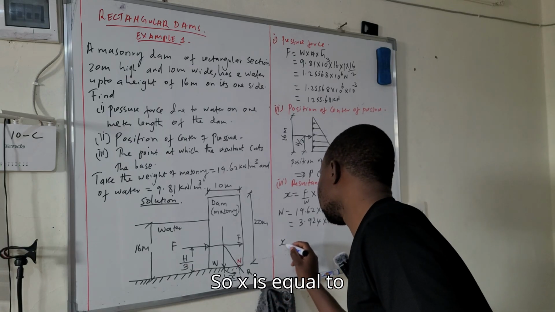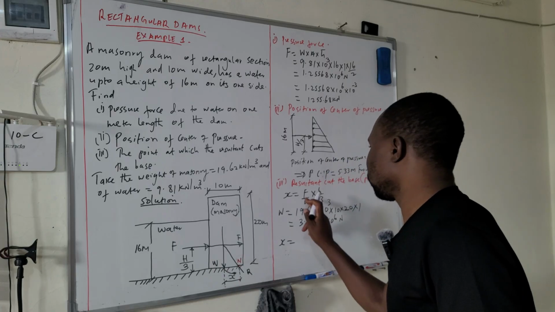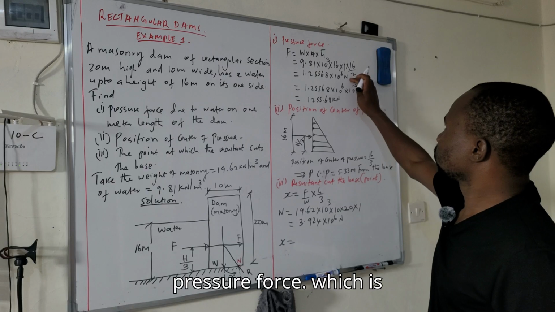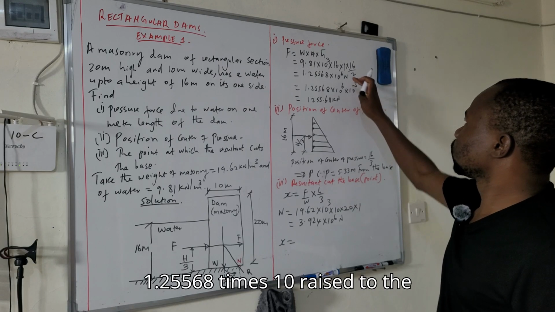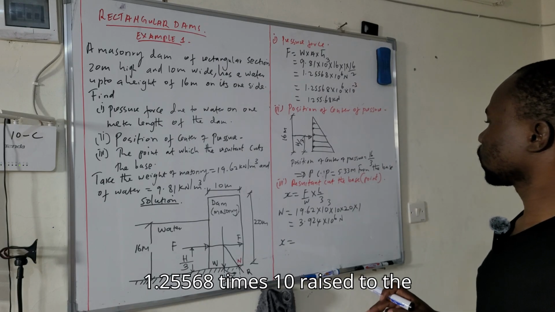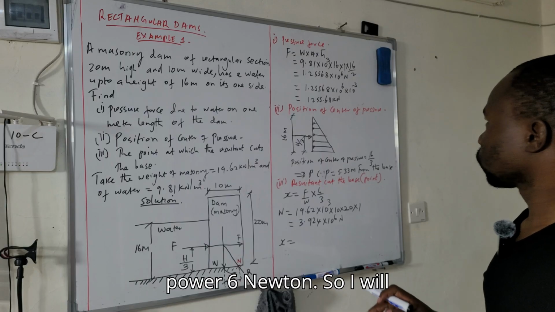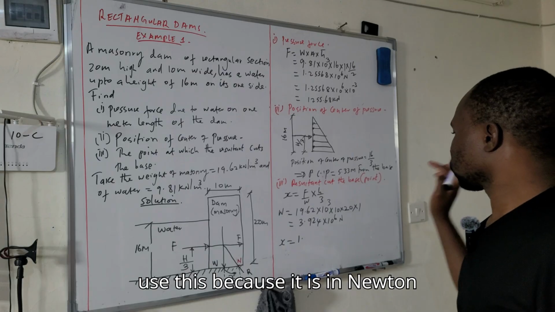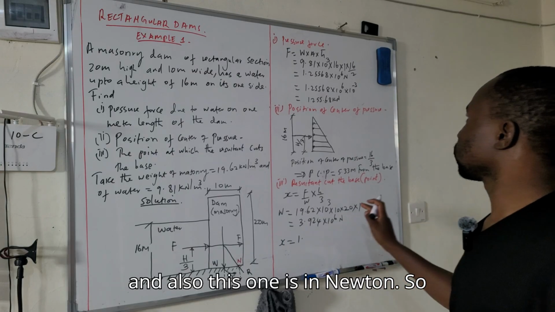So X is equal to, our force is this pressure force, which is 1.25568 times 10 raised to power 6 Newton. I will use this because it is in Newton, and also this one is in Newton.